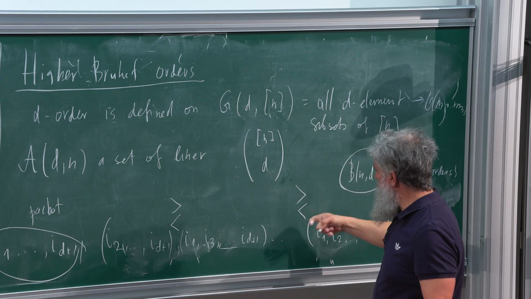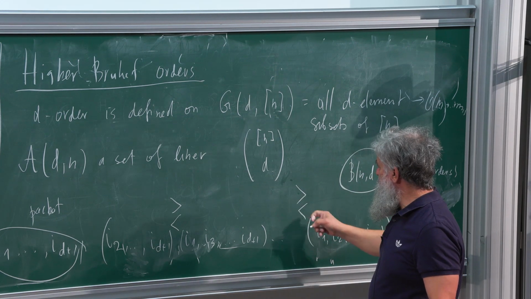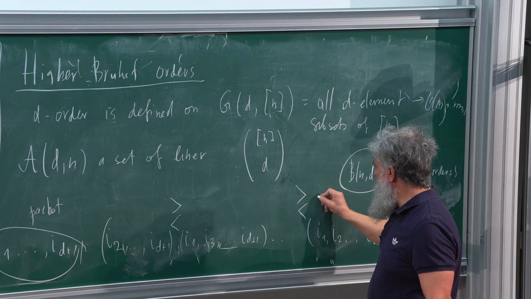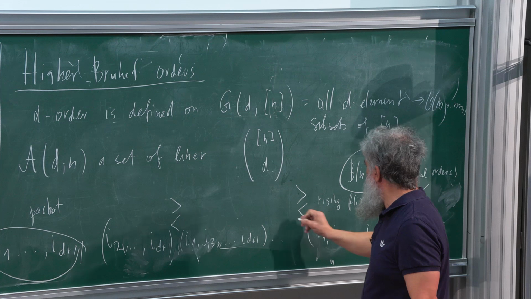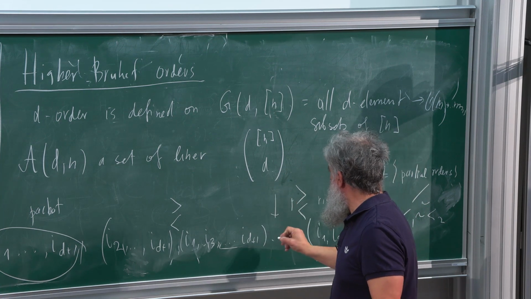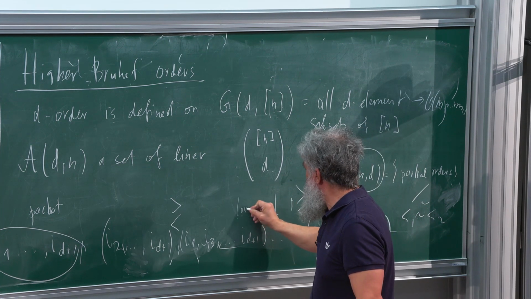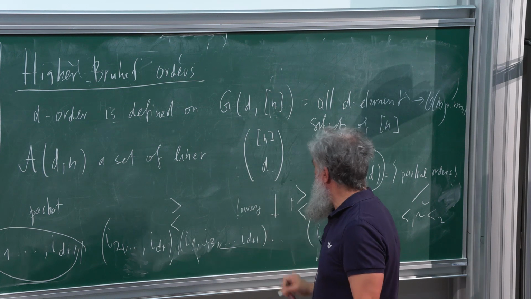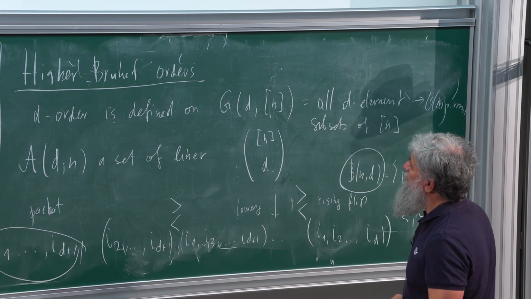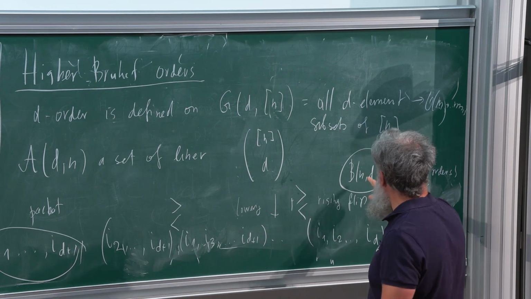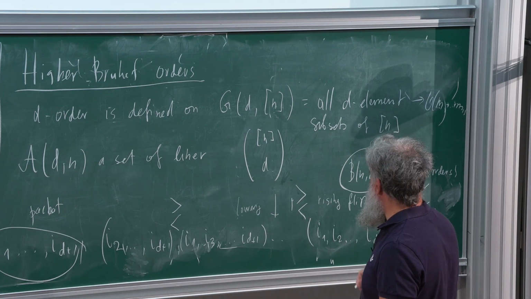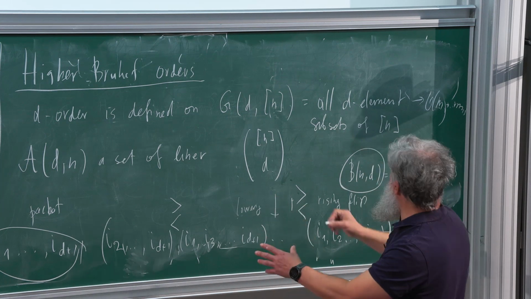If we go from this to this, it is called a rising flip, and if we go vice versa, it is lowering. The higher order on the set B n d is again like with permutations.